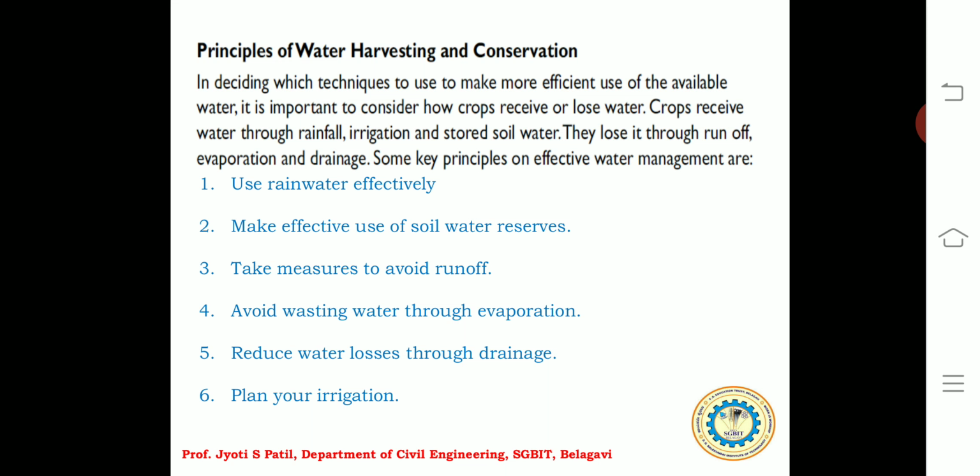The second principle says make effective use of soil water reserves. The soil stores water from rainfall, providing a reserve that is available to the crop. How much water is available depends on the type of soil and the rooting system of the crop. Let us take an example of sandy soil.